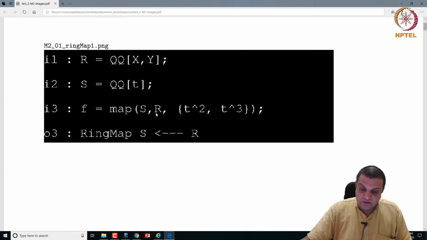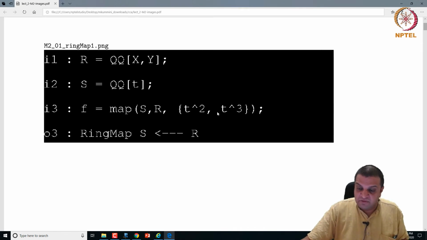Notice the order in which it's written. Typically when we write arrows, they point to the right, but in Macaulay 2 the arrow is written to the left. So it's a ring map from R to S, written from right to left: S comma R.